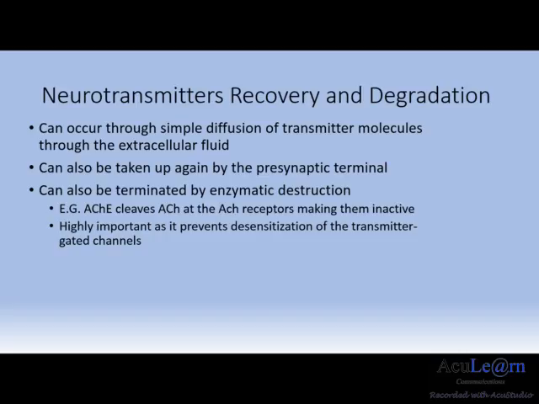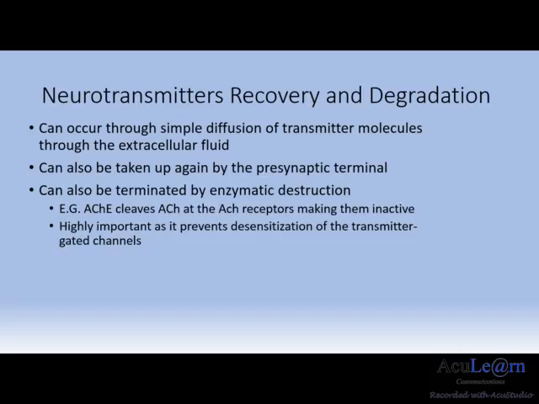The third way is through terminating the neurotransmitter action by enzymatic destruction at the synaptic cleft. This is particularly important for acetylcholine at the neuromuscular junction. The enzyme acetylcholinesterase cleaves acetylcholine, inactivating it at the acetylcholine receptors.